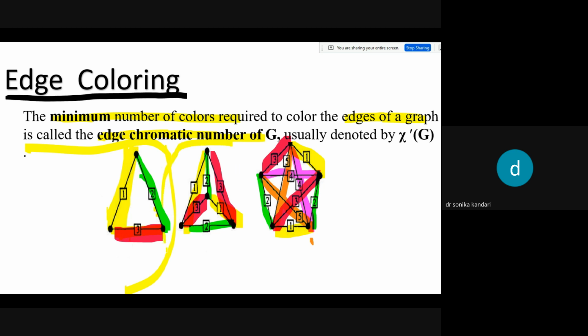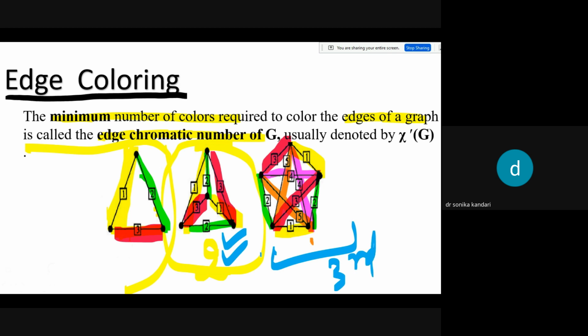In diagram 2, how many colors are there? I think one and three are red, and the other is green. And in the third diagram, how many colors are there? Have you seen that no two adjacent edges have the same color?